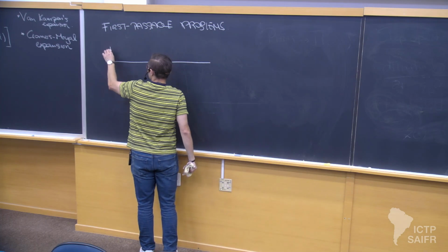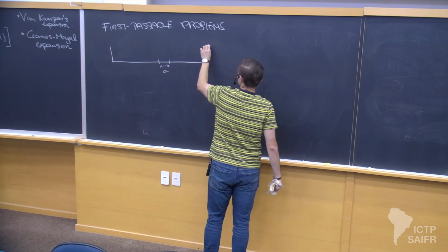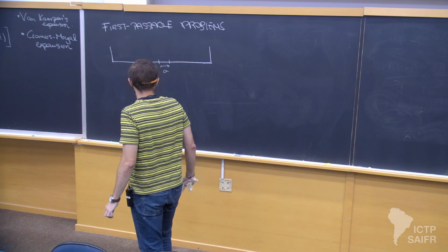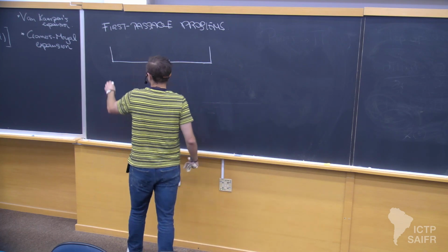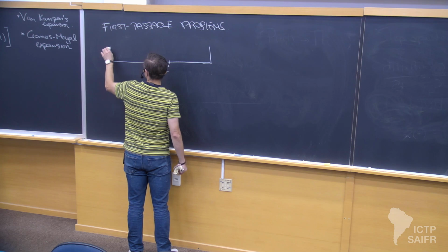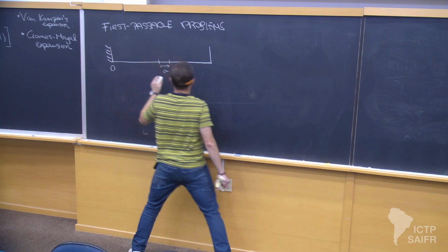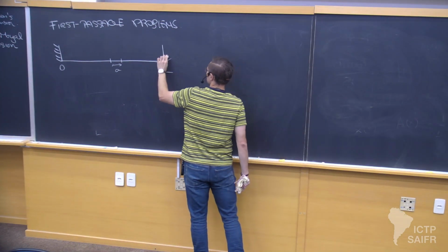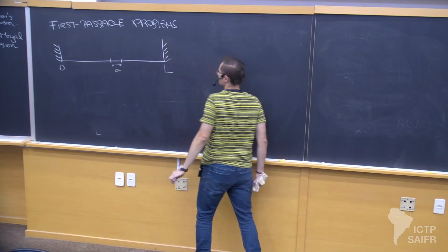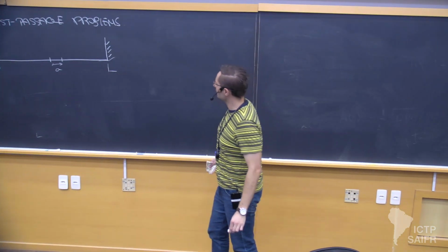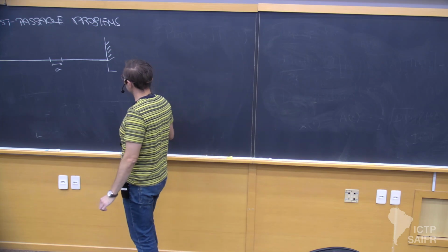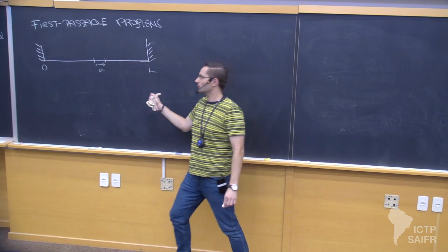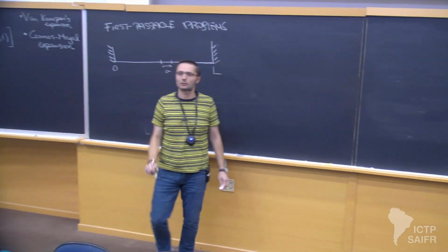To calculate these kind of first passage problems, let's bound the space, or the domain in which our random walk is going to move, say between 0 and L. An interesting exercise to make sure that you understood how to solve these problems is this afternoon you sit down and say, well, now instead of using a finite domain, I'm going to use a semi-infinite domain and calculate the probability that it hits 0.